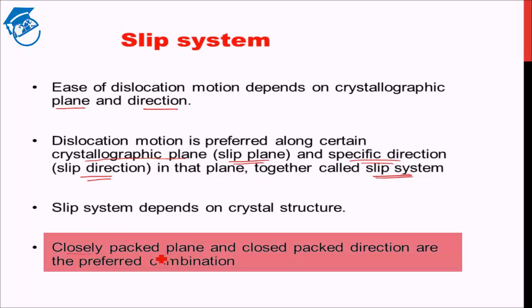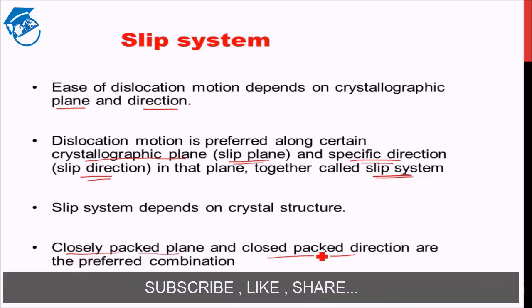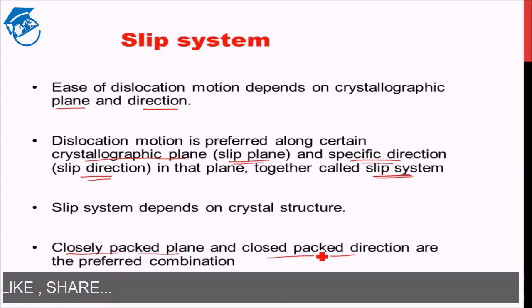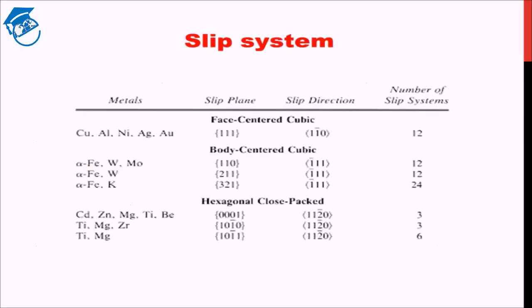They will be the slip planes, and even in the close packed planes, the close packed directions are the preferred directions. So what defines the slip system? The slip system will depend on the close packed plane and in that plane the close packed direction. So let us see the different slip systems for different crystal structures.